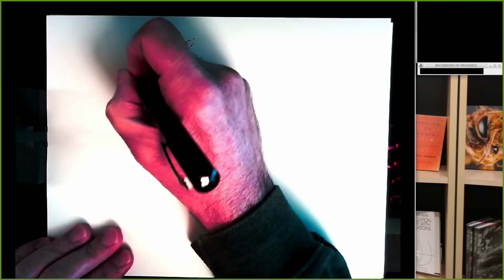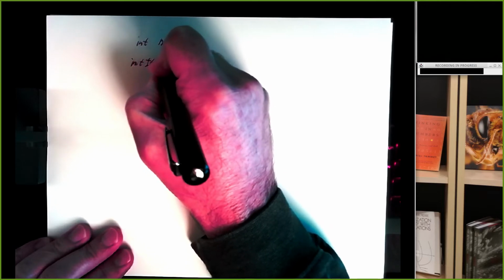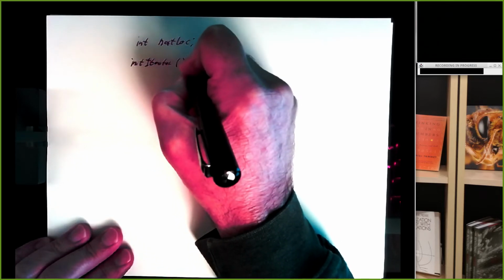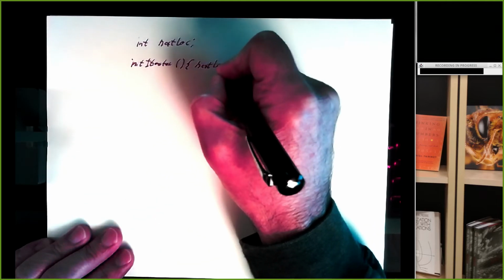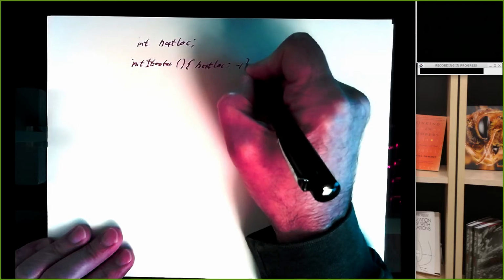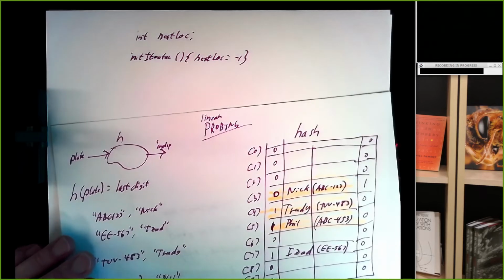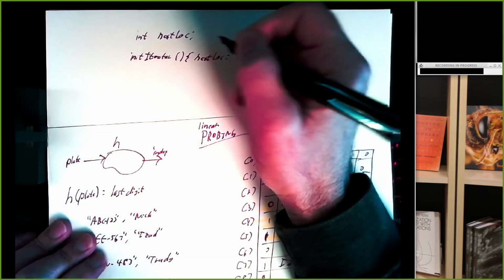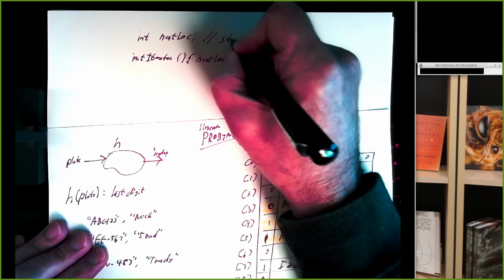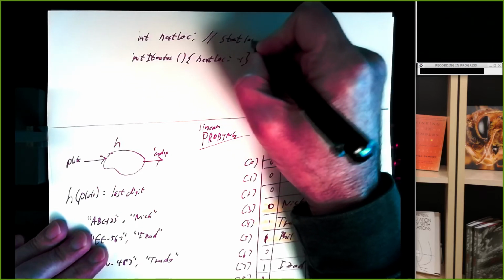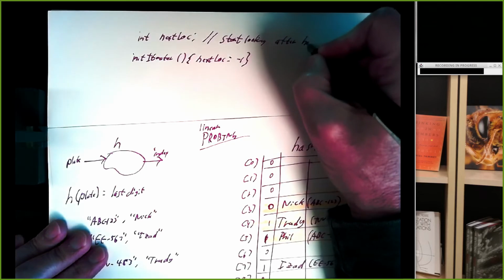And my initialize iterator, I'm just going to set next loc equal to -1. And we'll see why it's -1 instead of 0. So next loc, I'm going to say start looking after here.